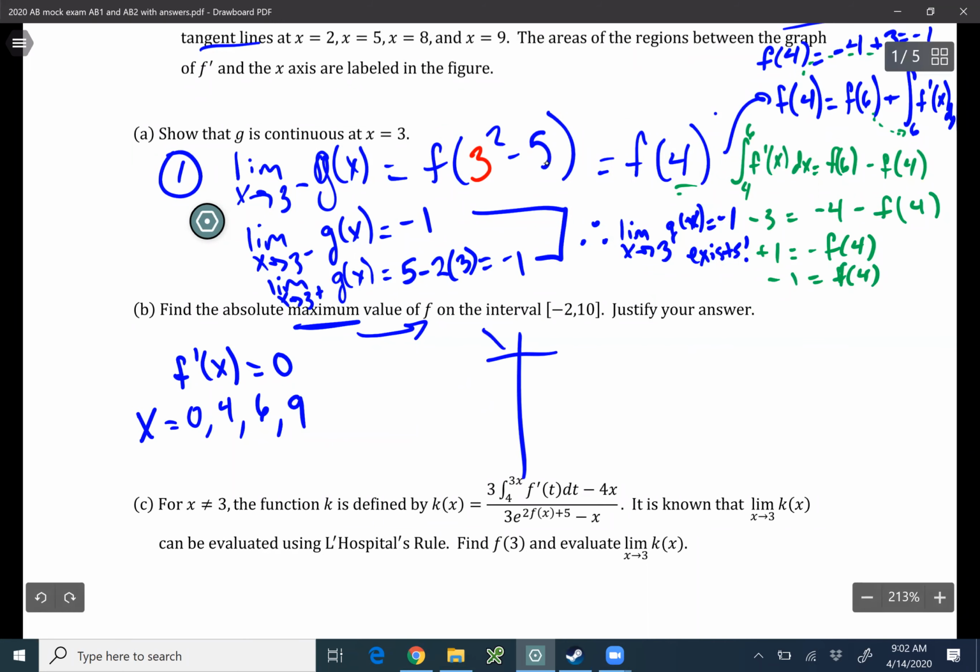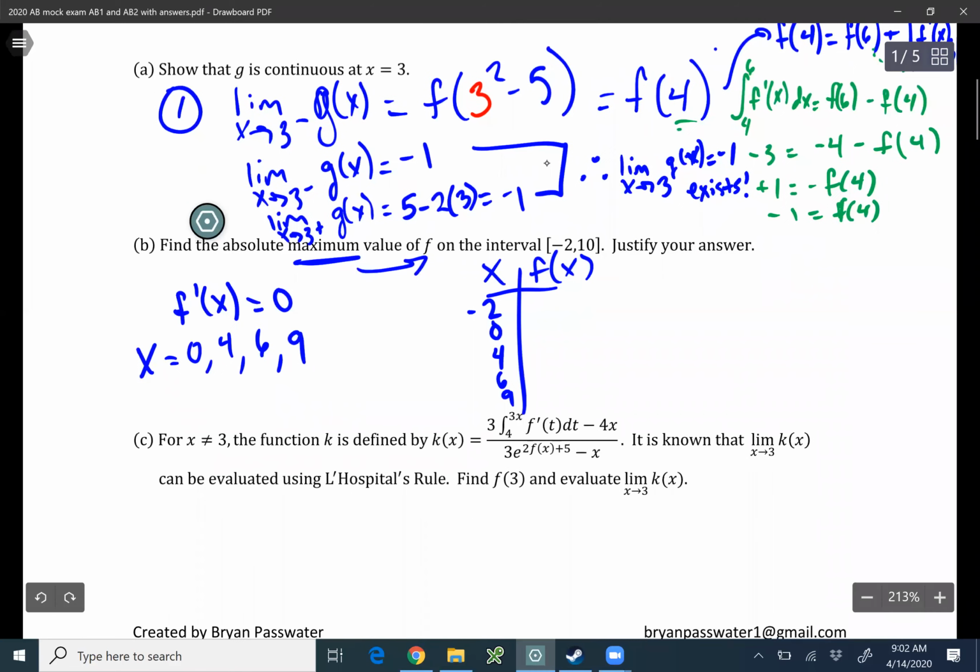So we have x and f of x for our table. What are the two other points we need to consider, besides endpoints? So we're going to have -2, 0, 4, 6, 9, and 10.